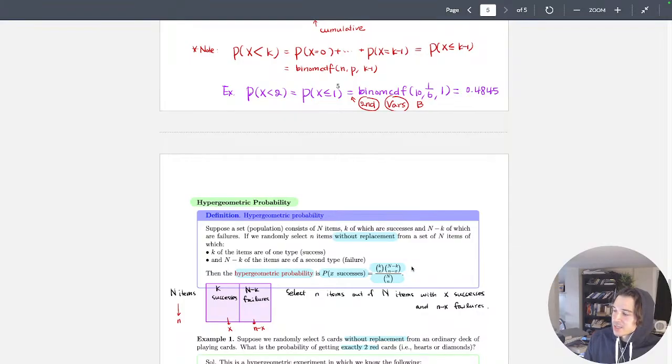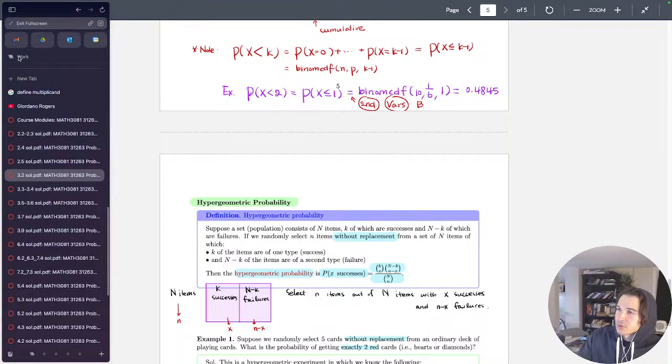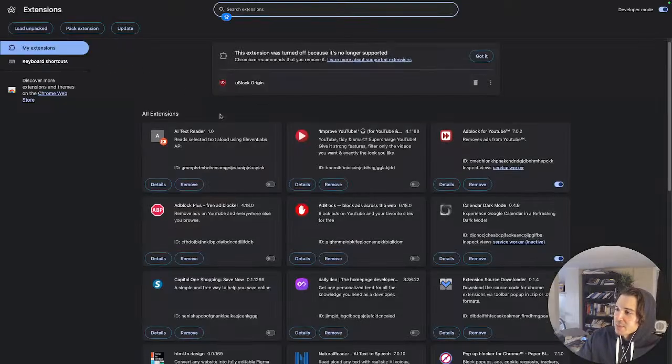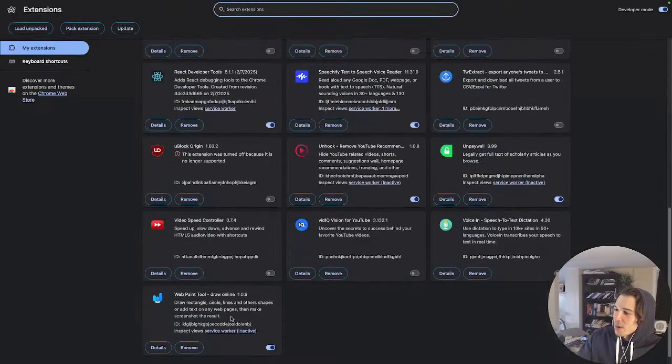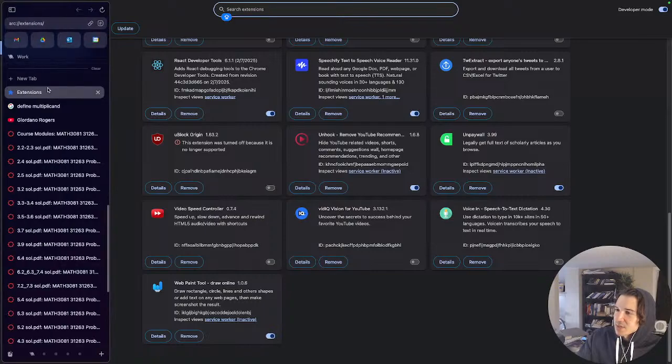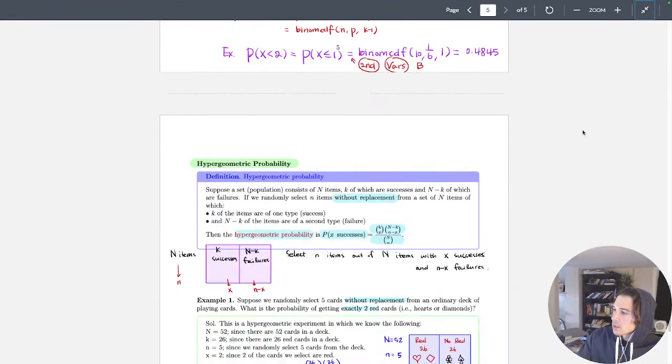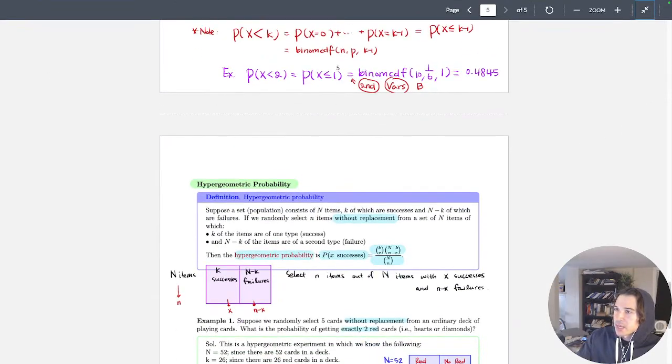I wish I had a drawing tool here. Can I just get a drawing tool real quick? Is there an extension for that? This would make my life way easier right now. Web paint tool. Thanks. So, where were we? 3.2? Yeah. Let me turn on my web paint tool.